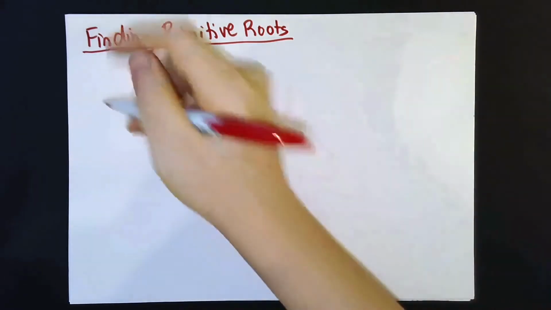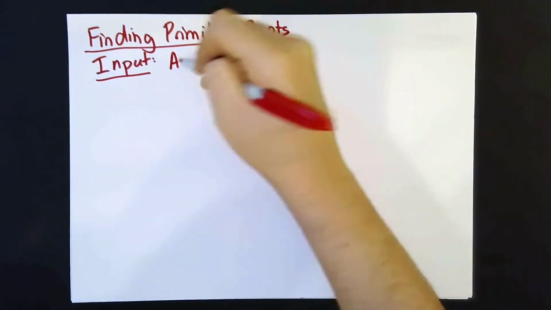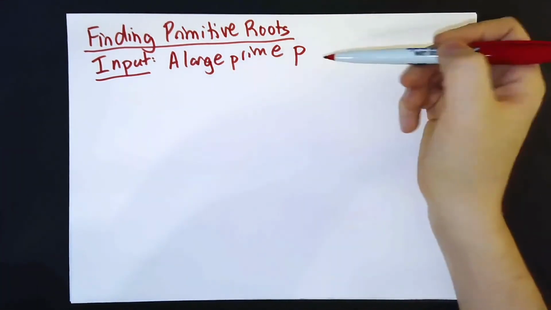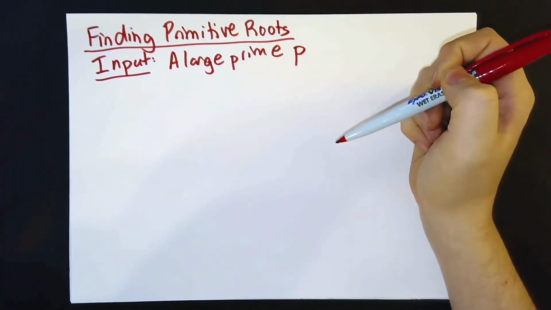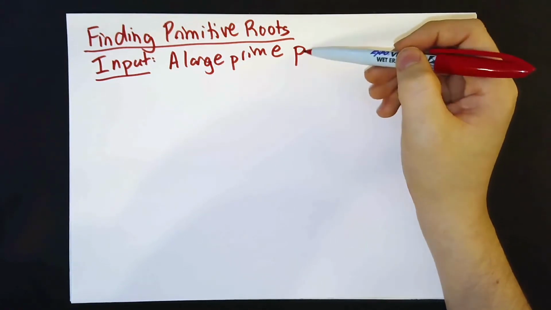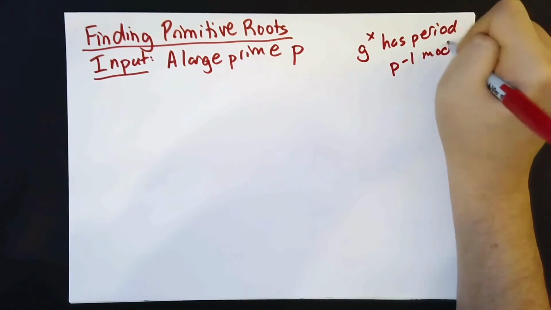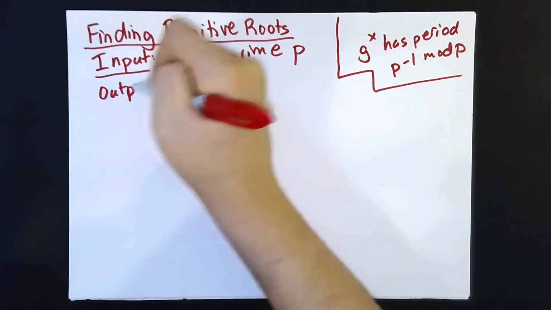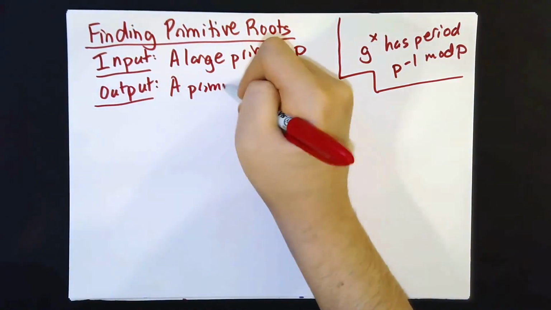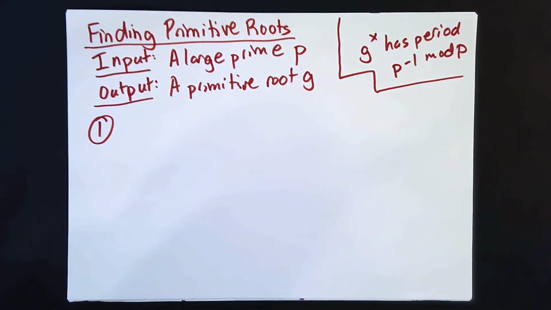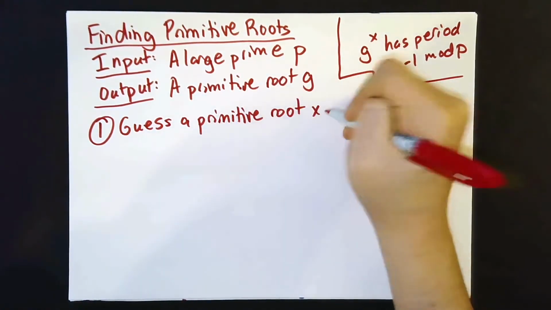So reminder, we want to start with a large prime p, and then our goal is to return a primitive root. That is, a number g where g to the x has period p minus 1 mod p. So the first thing we have to do in order to find a primitive root is just guess one.